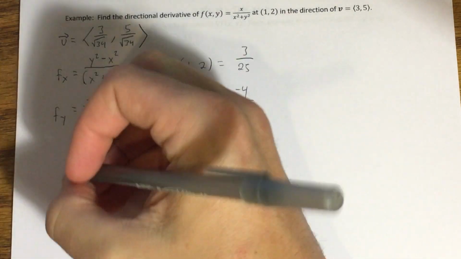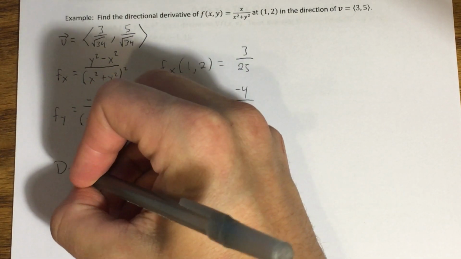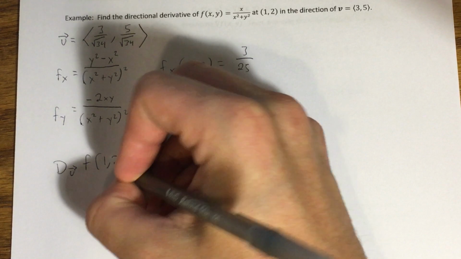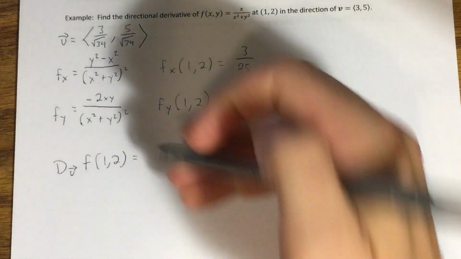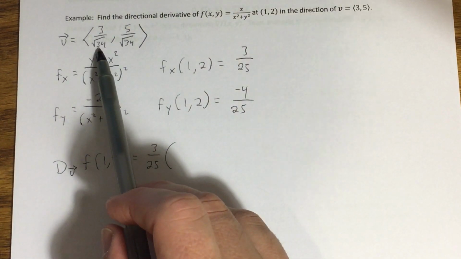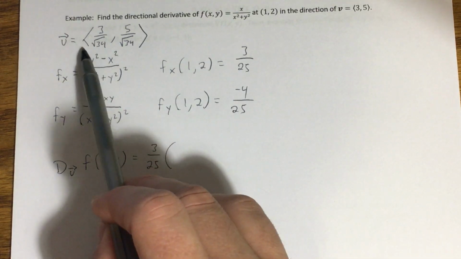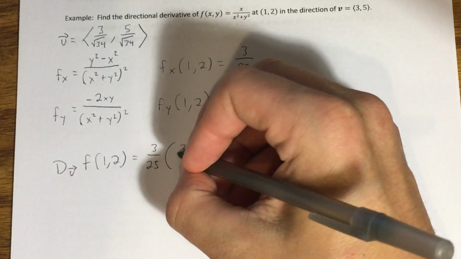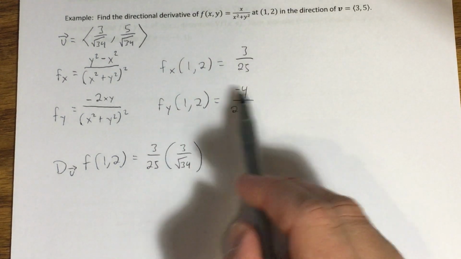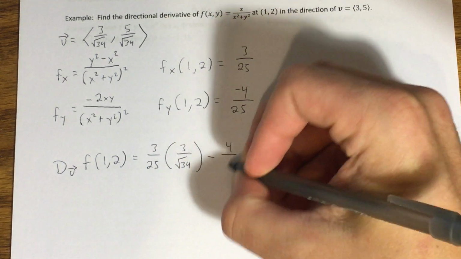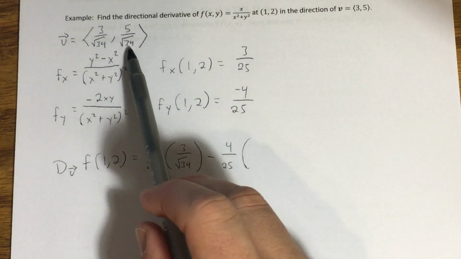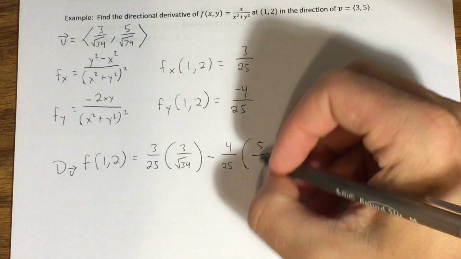Okay, so putting all of this together, the directional derivative, with the direction of u now, of my function f at the point 1, 2 is going to look like fx of 1, 2, which is 3/25, times the i component of my unit vector u, so 3 over root 34, plus fy, which is actually a negative number, so let me write that as minus 4/25, times this guy, 5 over root 34.